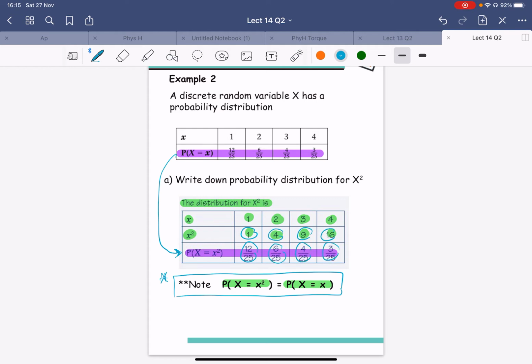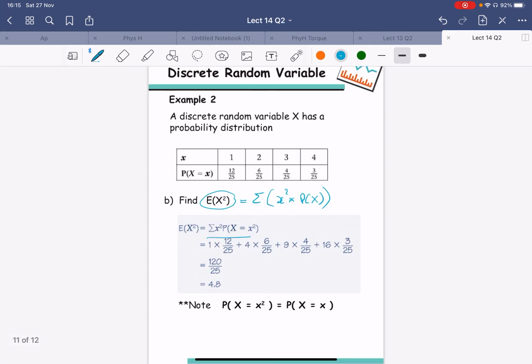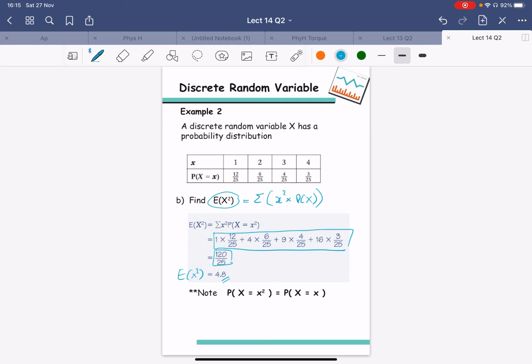Let's write all this here. Now simplify, you get 120 over 25, which is equal to 4.8. So E of x squared here is equal to 4.8. Just remember that.